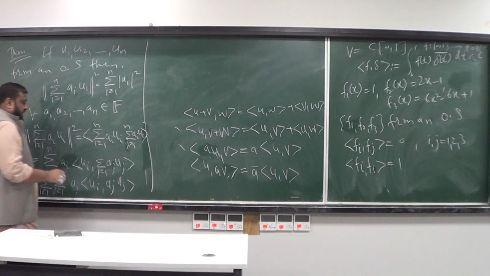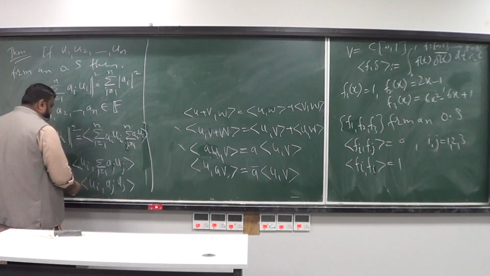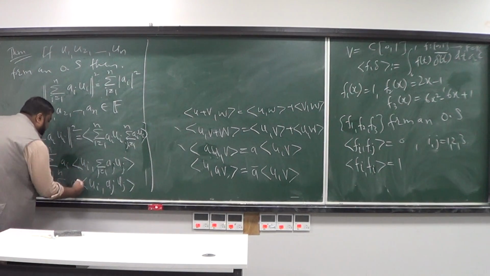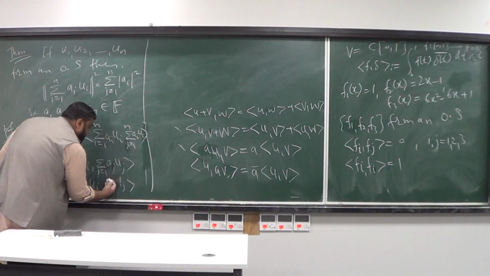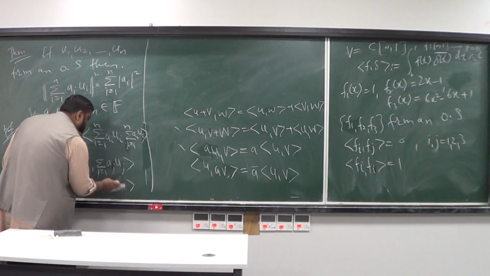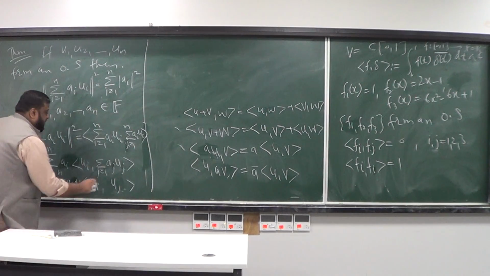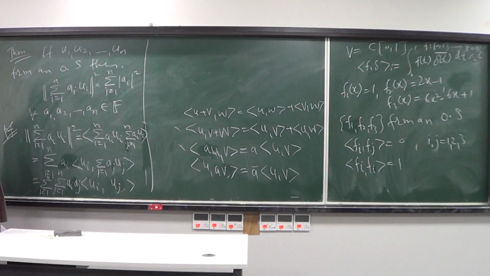But I can also pull this a_j out of the inner product. So I'm going to have a_i, a_j and the inner product of u_i, u_j here.